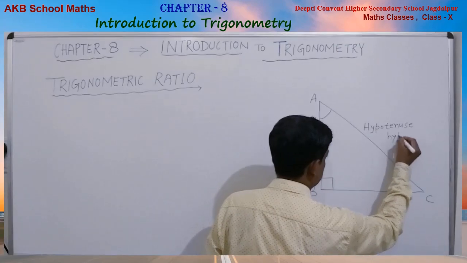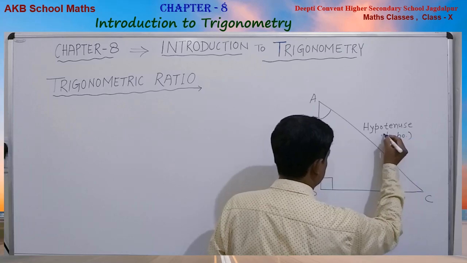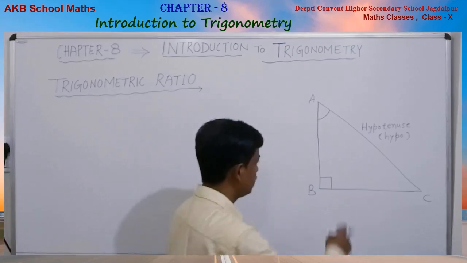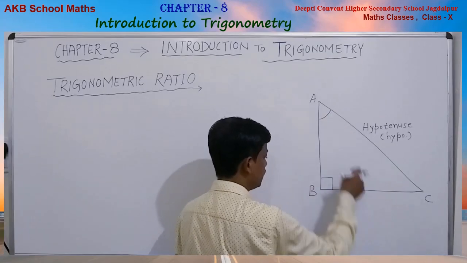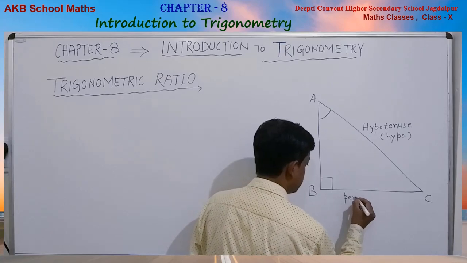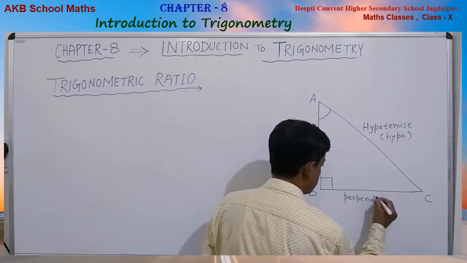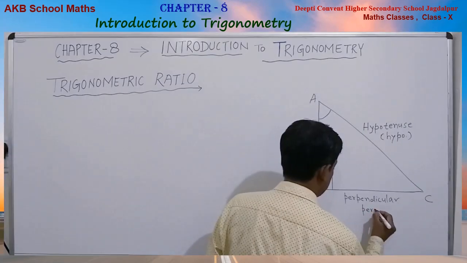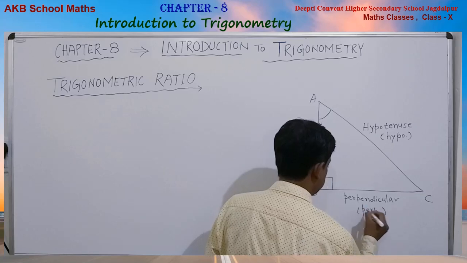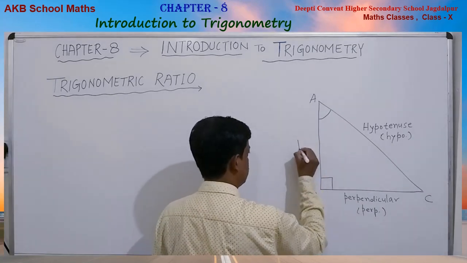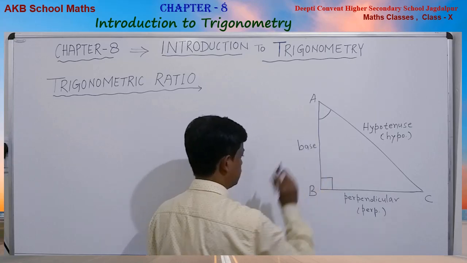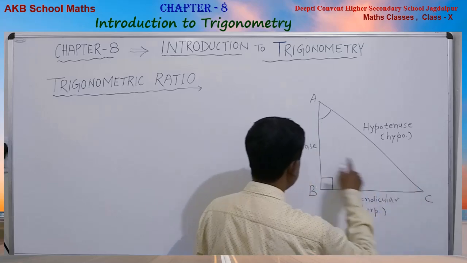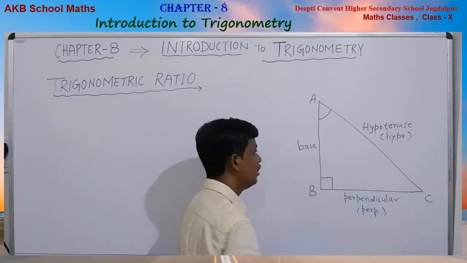In short, we write hypo. If we are concerned with angle A, the side opposite to this angle is known as the perpendicular, and the other side is the base. If we are concerned with angle C, then this will be the perpendicular, this will be the base, and that is the hypotenuse.